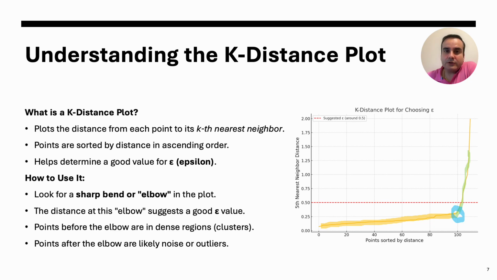Choosing epsilon too small would split clusters unnecessarily. Choosing epsilon too large would merge different clusters and include noise. In summary, find the elbow, set epsilon slightly larger than that point, and you are ready to apply DBSCAN with meaningful results.